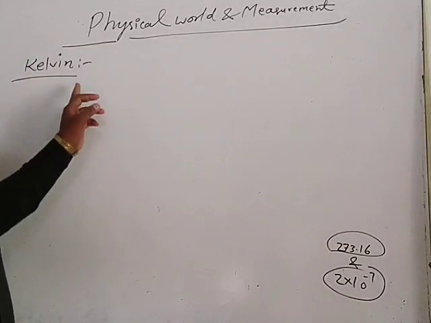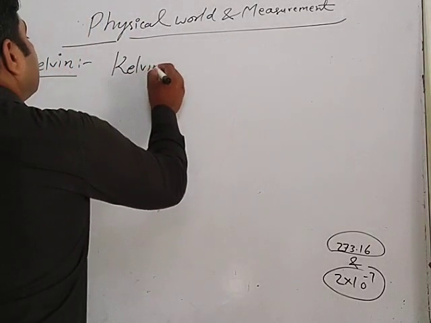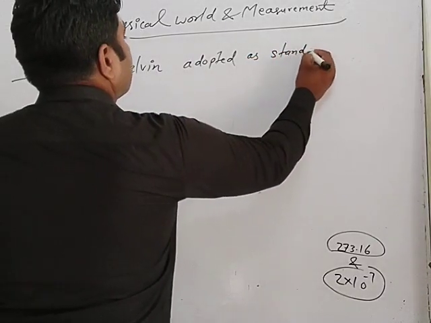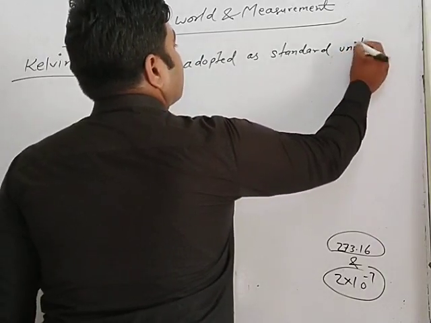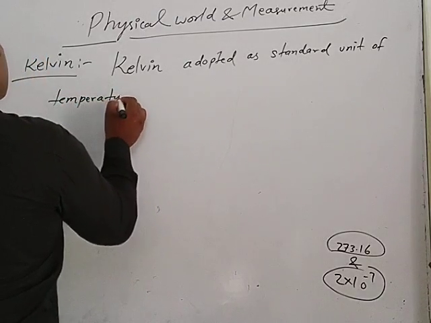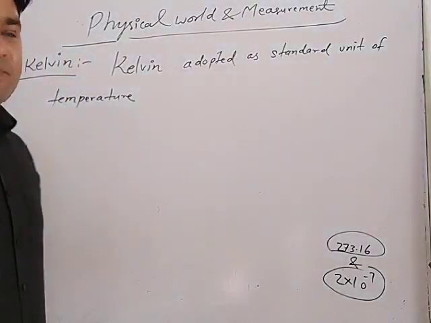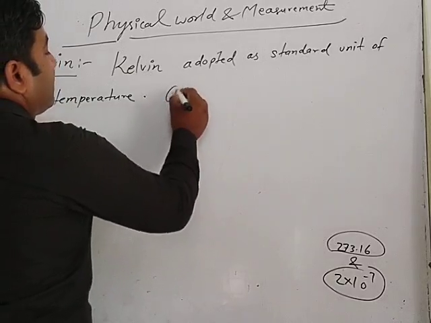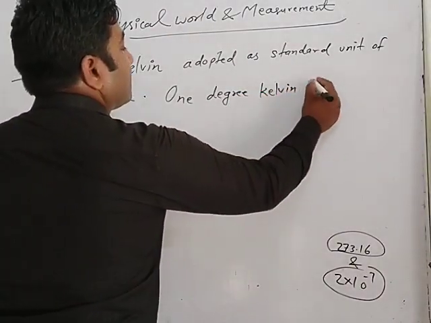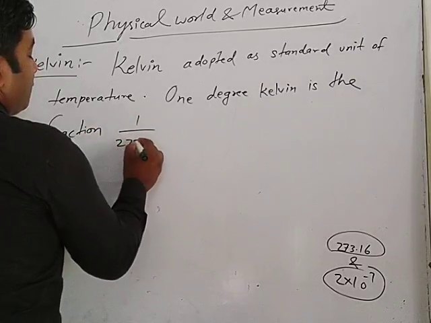Kelvin is adopted as the standard unit of temperature. 1 degree Kelvin is the fraction 1 upon 273.16.